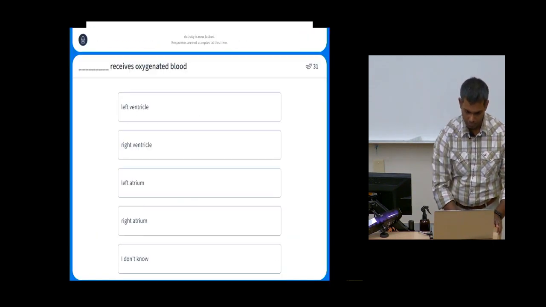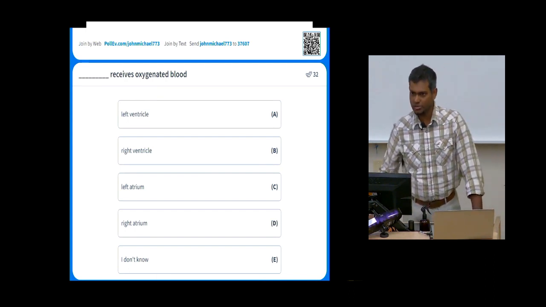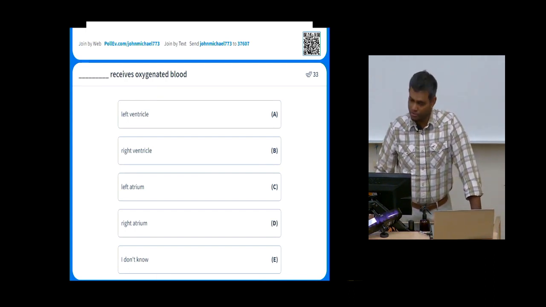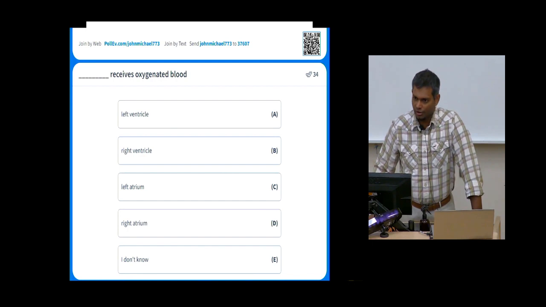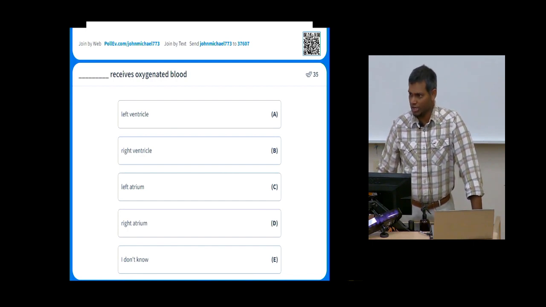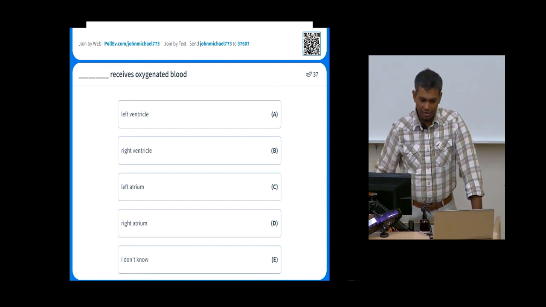Okay, moving on. Here's another simple question on the chambers of the heart. Which of the following chambers is going to receive oxygenated blood? Is it left ventricle, right ventricle, left atrium, right atrium?